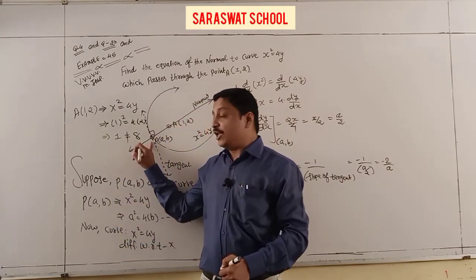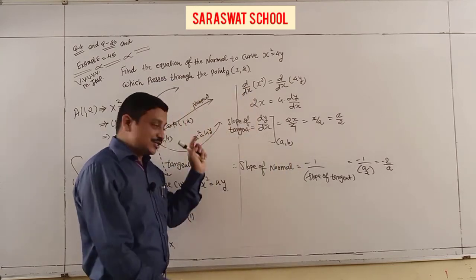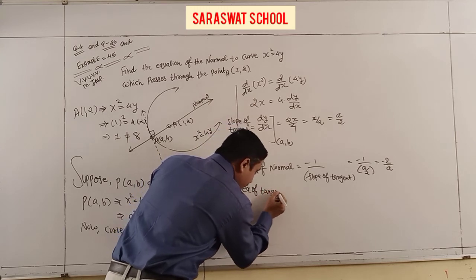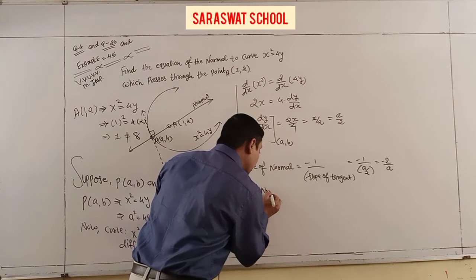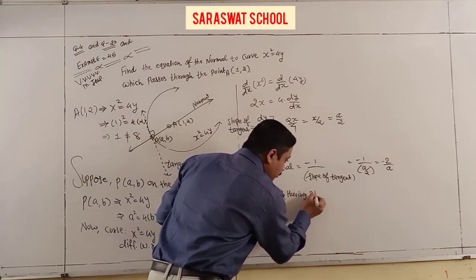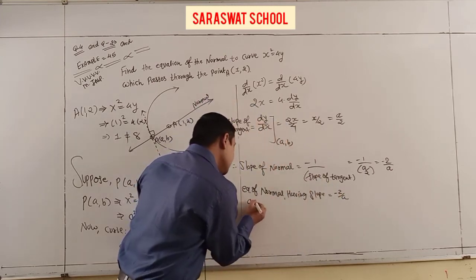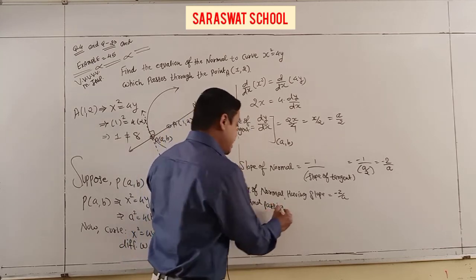The normal passes through a comma b, and also through 1 comma 2. So the equation of the tangent, sorry, my mistake, not the tangent: the equation of the normal has slope minus 2 by a and passes through a comma b.